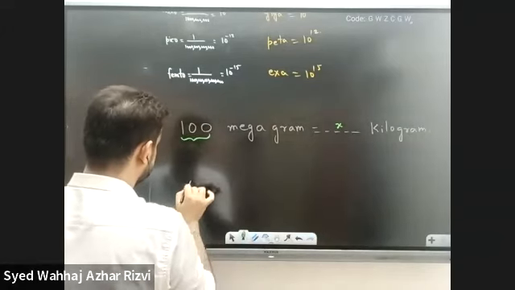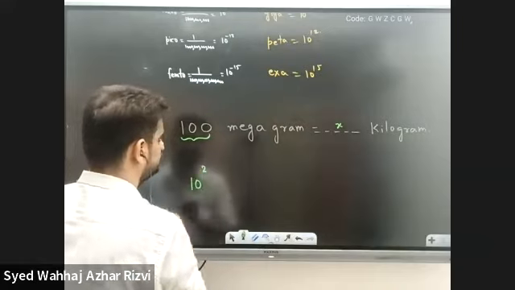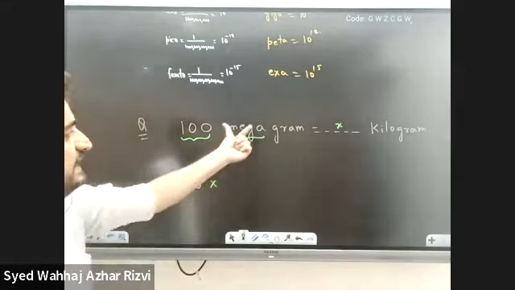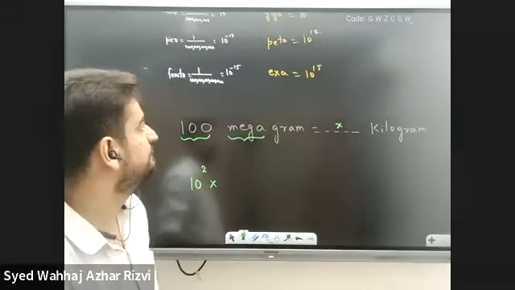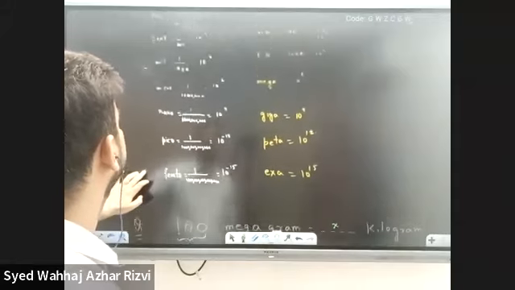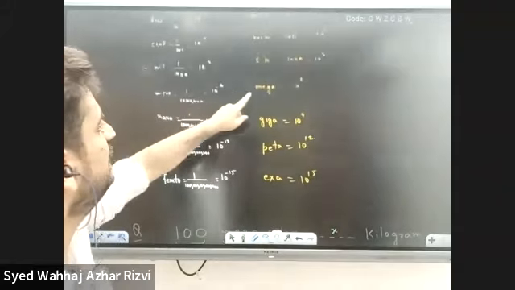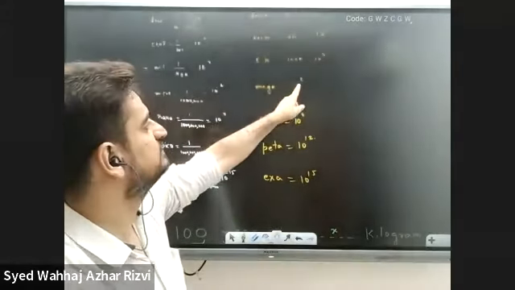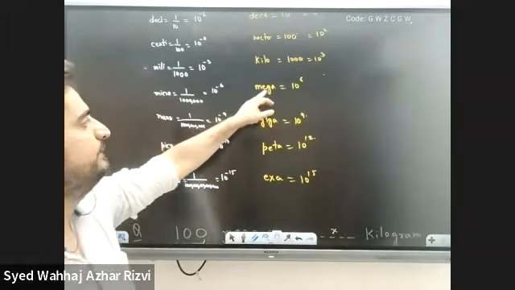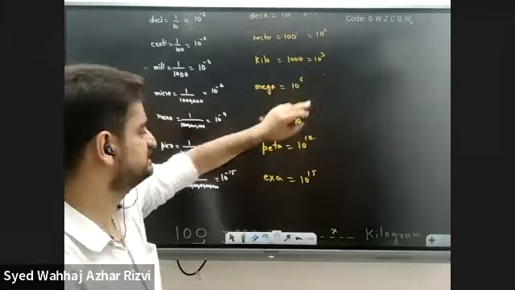We can write 100 as 10 raised to the power 2. And then we find out this word mega. So what does mega mean? We can go on the list and find out that mega equals 10 raised to the power 6.